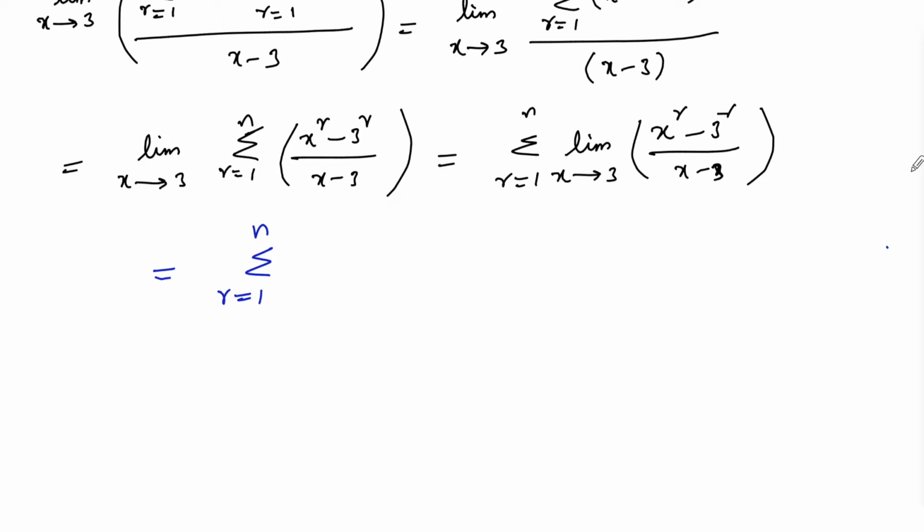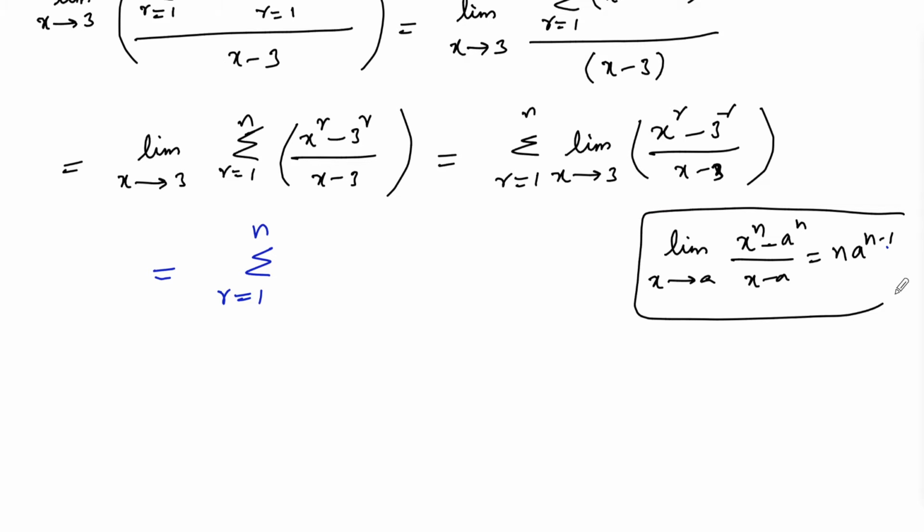Since we know that limit x tends to a of (x power n minus a to the power n) divided by (x minus a) is equal to n into a to the power n minus 1, by using this formula we can write here limit x tends to 3 of (x power r minus 3 power r) divided by (x minus 3) is r into 3 to the power r minus 1.